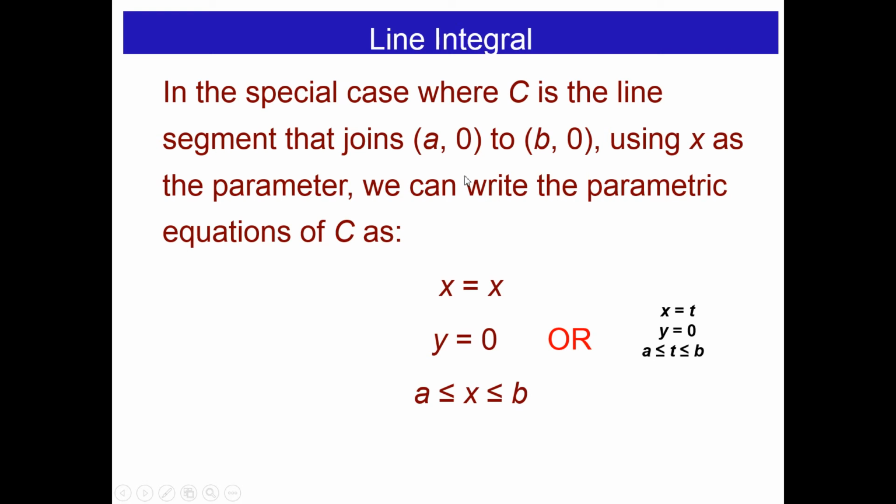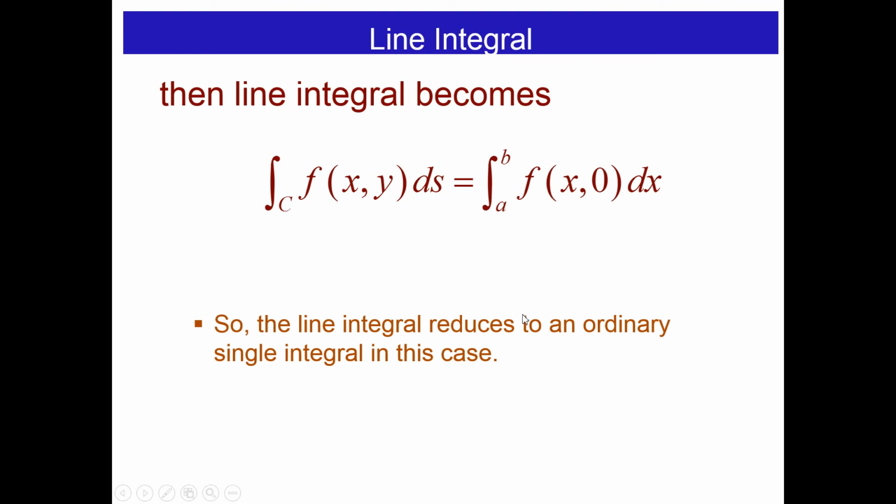Since y remains constant, you can also use this parametric form: x is t, y is equal to 0, where t lies between a and b, one and the same thing. In this way this line integral will become a single integral like this. Since y is 0 and x is x, ds becomes dx, and this is the line integral to solve.